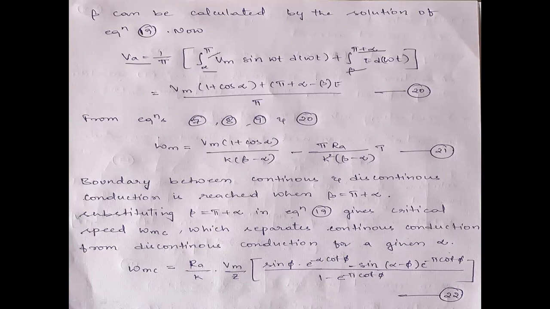You have to substitute the values there. From alpha to pi the integrand is Vm sin omega t d omega t, and from beta to pi plus alpha, only E d omega t. If you integrate, you will finally get Vm into 1 plus cos alpha plus pi by pi plus alpha minus beta divided by pi into E. This is the 20th equation.